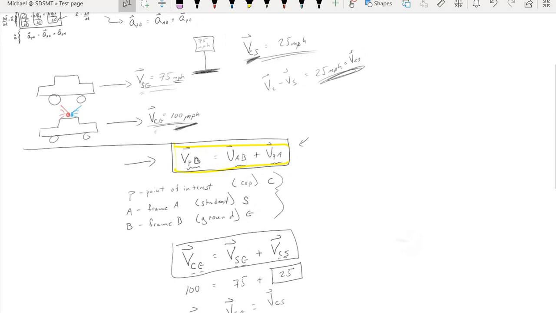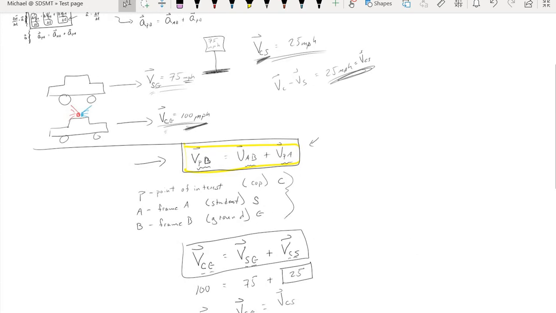And so, well, it looks like the problem's over, but we could ask some other questions, like we just found the velocity of the cop with respect to the student. Well, what would the velocity of the student with respect to the cop be?